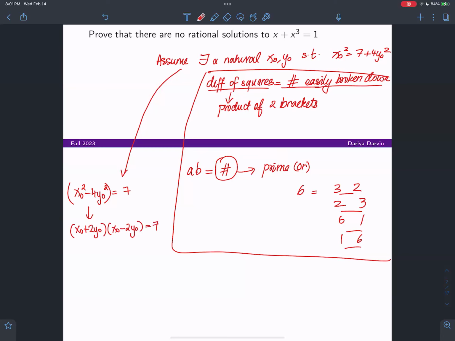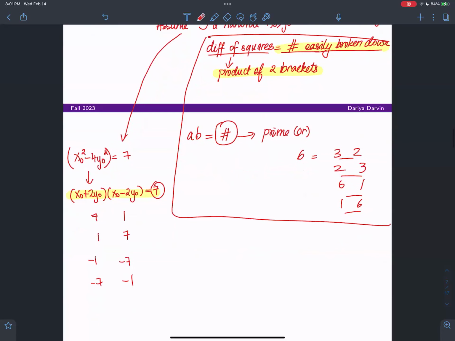So now I have it in this form: a product of two brackets and an easily broken down number. I have two numbers giving me 7, so the only possibility is that they're either 7 and 1, 1 and 7, -1 and -7, or -7 and -1.